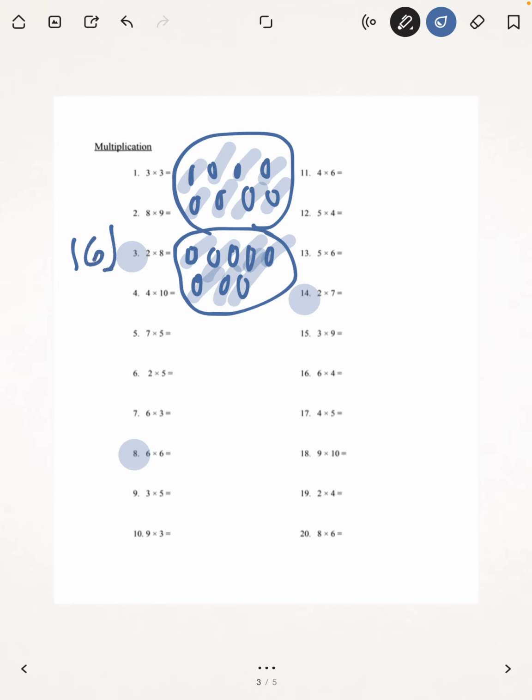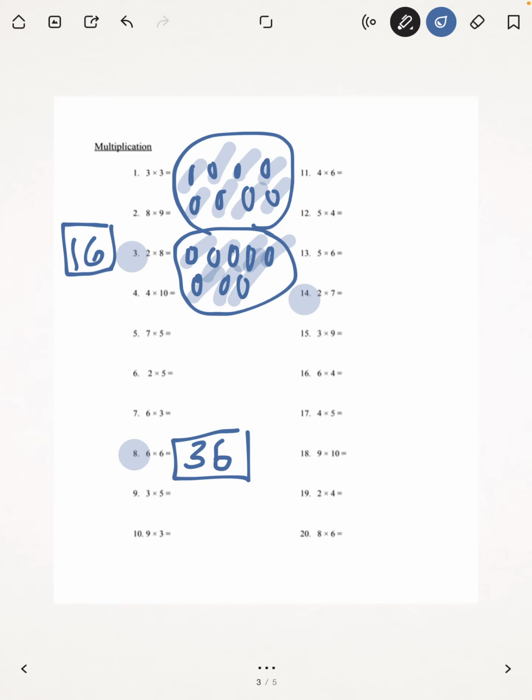And if we add all of this up, we are going to get 16. And the answer we get is 16.